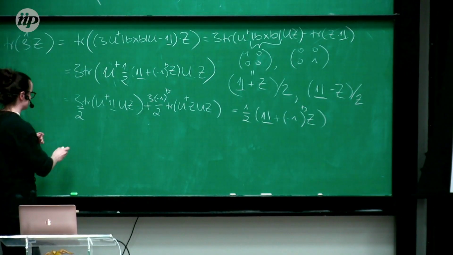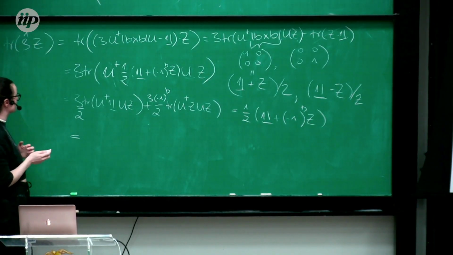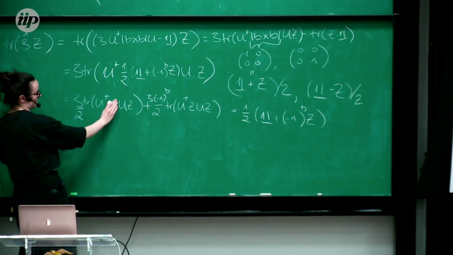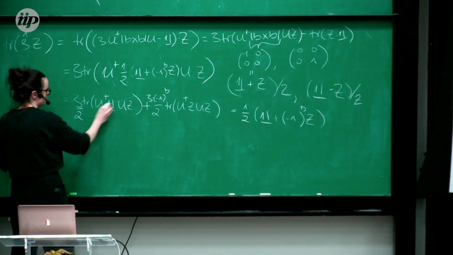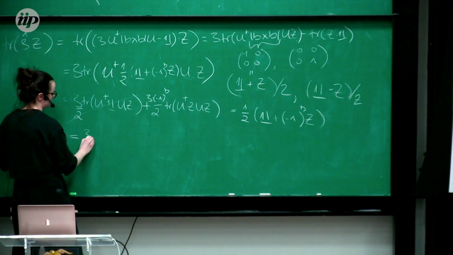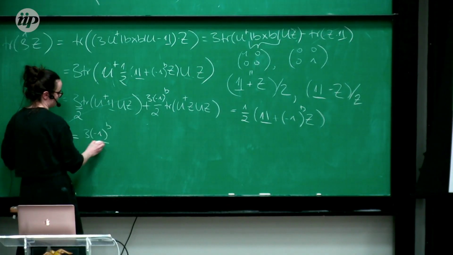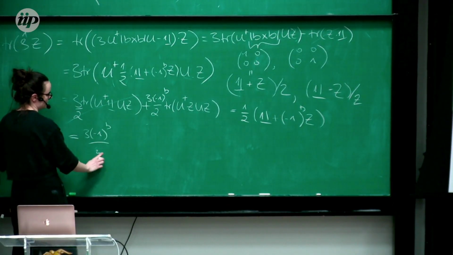I'm sorry, I'm a bit tired, so maybe I made mistakes. Okay, good. This is identity, U† U is identity, the trace of Z is 0, so this is 0. And the second part is now 3 times minus 1 to the power of b divided by 2.